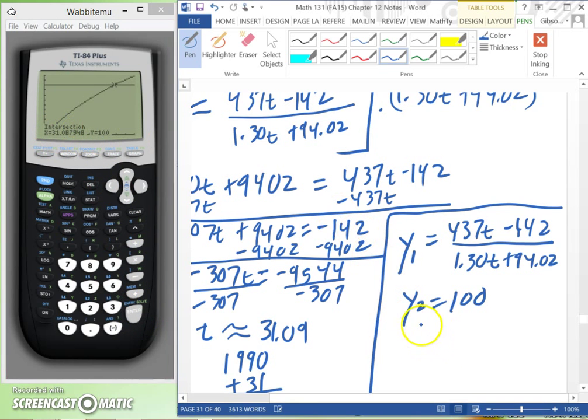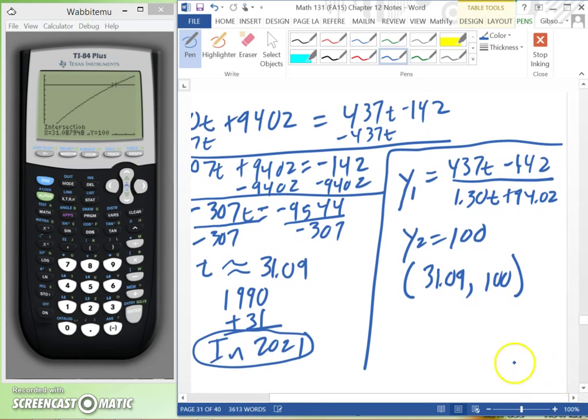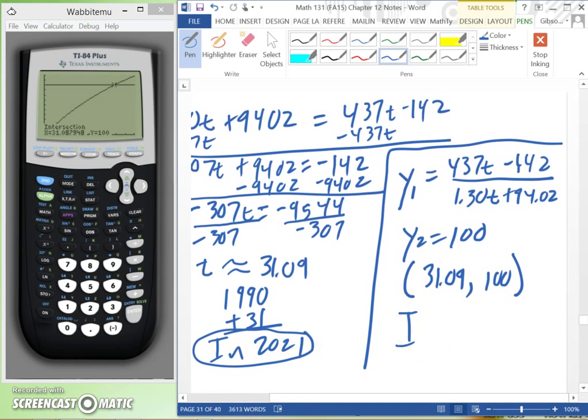So we will write our ordered pair, which would be 31.09 when we round to two decimal places, comma 100. Now, you still will write the same answer. It still will be in 2021. This is still the final answer, whether you use a calculator or whether you do it by hand. Now, are there any questions? Okay, we are done.